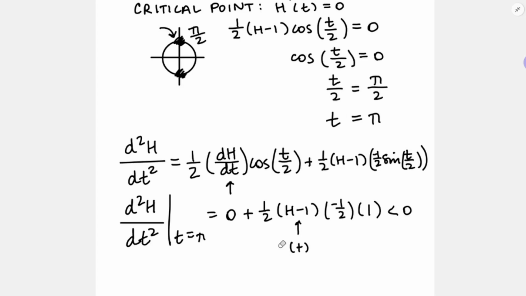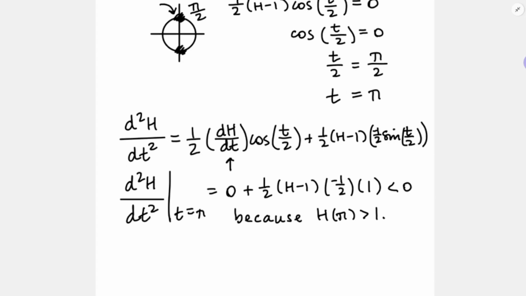Because it said justify my answer, I might say because h is greater than 1, or h of pi is greater than 1. And so I'm going to say maximum, and I think that would probably be good because we'd shown that h prime was 0 and the second derivative was negative.